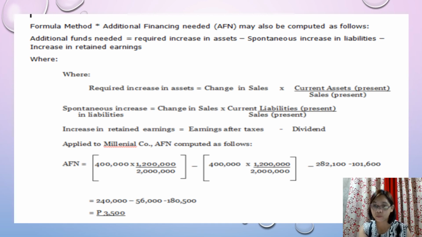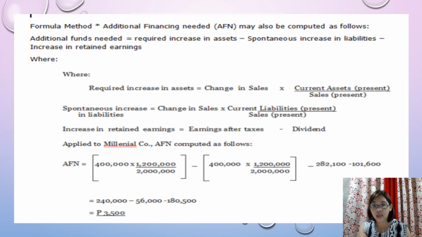So, yung change po ng sales po from 2 million to 2,400,000. So, yung 400,000, yun po yung change in sales. Okay? And then, yung current assets po, present, yung titignan nyo po is yung December 31, 2019. So, yung current assets po ng December 31, 2019 ay 1,200,000.